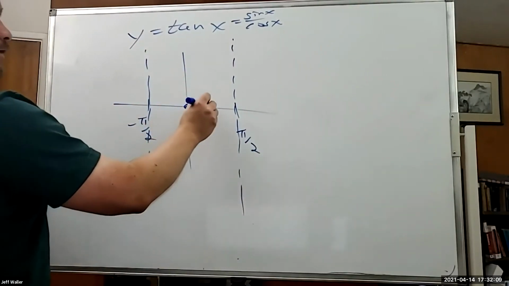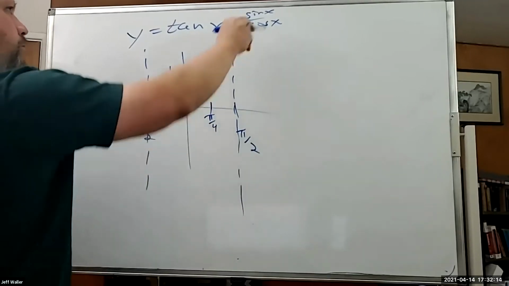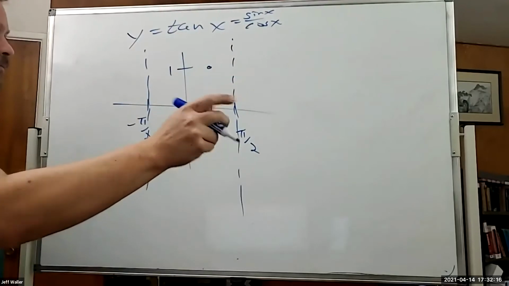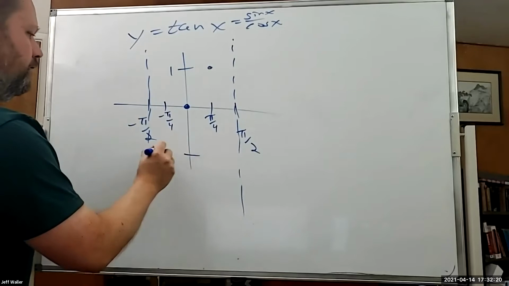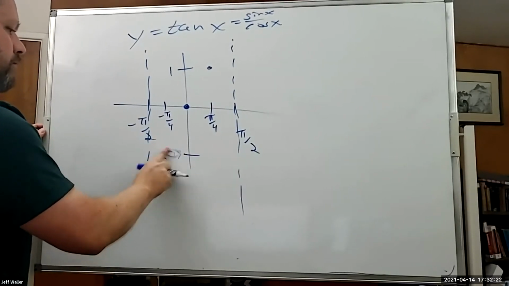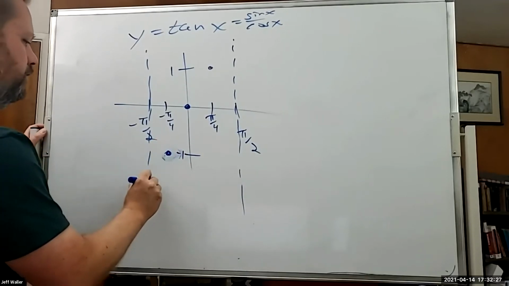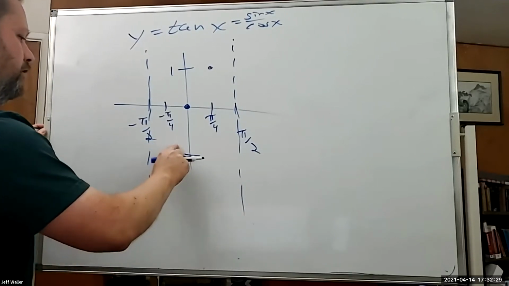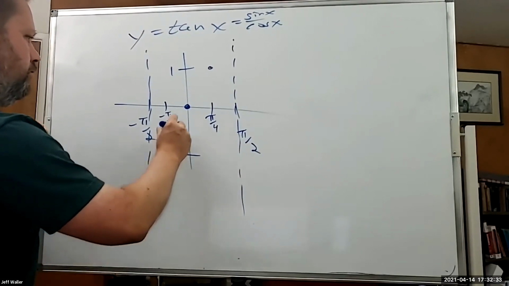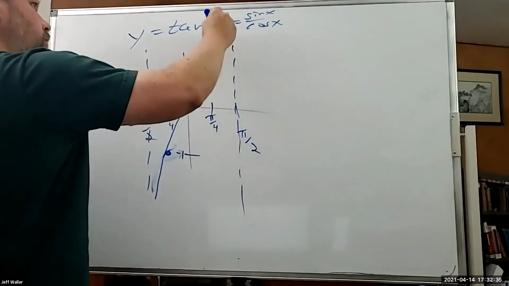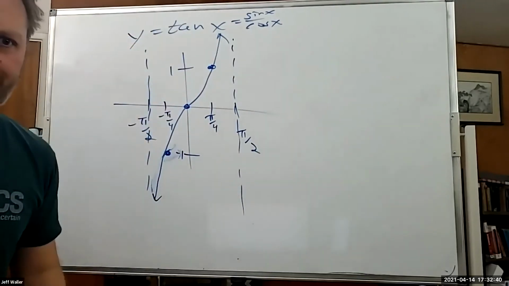Tangent of 0 is 0. Tangent of 45 degrees is 1, because that's where sine and cosine are equal. The same thing happens at negative pi over 4, except they're not the same sign, so now it's negative 1. So it looks roughly cubish, right?